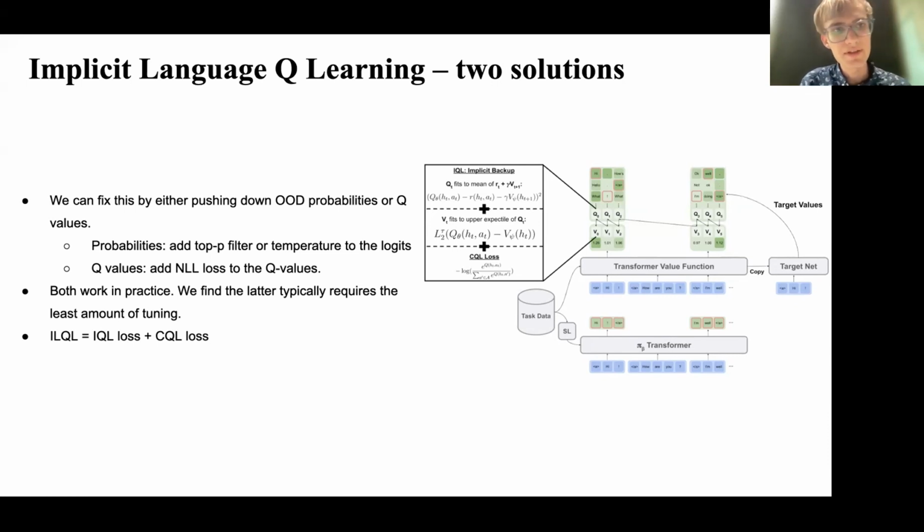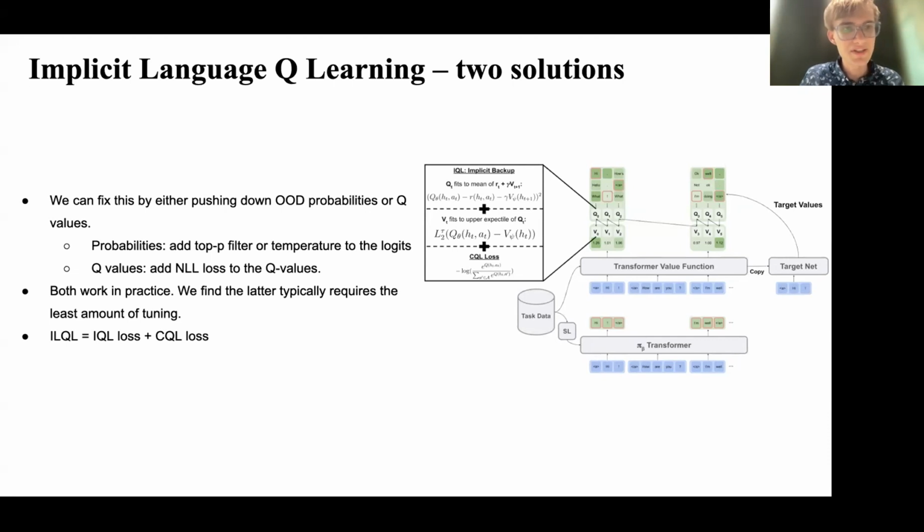Or if we want to push down the out of distribution Q values, what we would do is, when we're training our ILQL Q function, we add a small weight on a negative log likelihood term to the Q values. This is a bit weird. So we're saying, estimate the value of the data, but also push up on the value of actions that are in the data and down on actions that are outside the data.